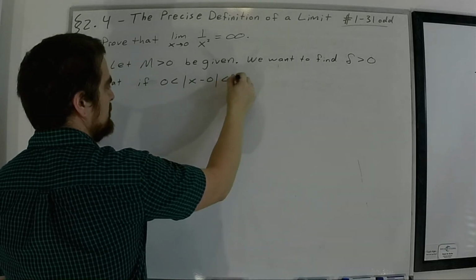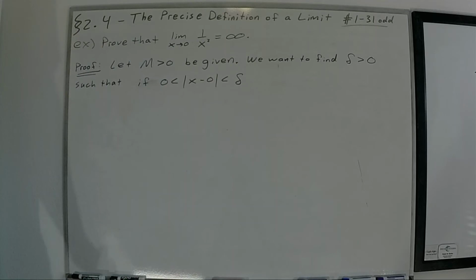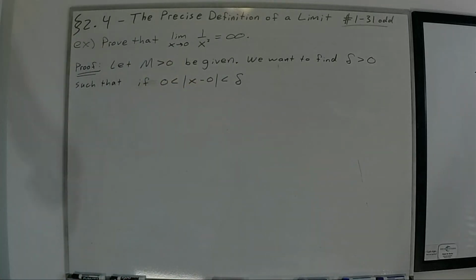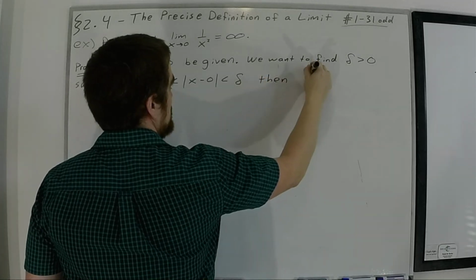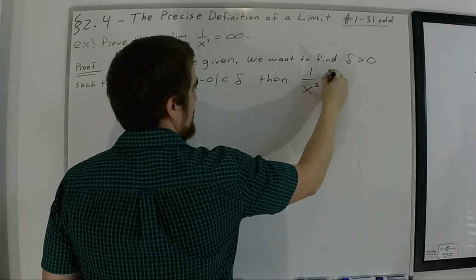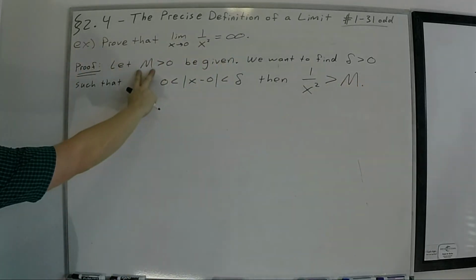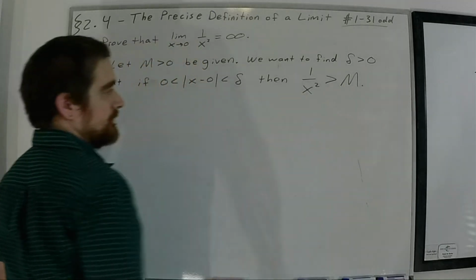So I'm exposing the a, which in this case is 0. So if the absolute value of x minus 0 is less than delta, then, going back to the definition, 1 over x squared is greater than M.